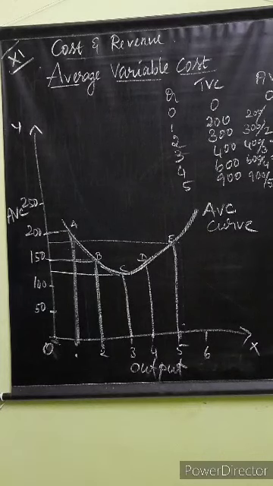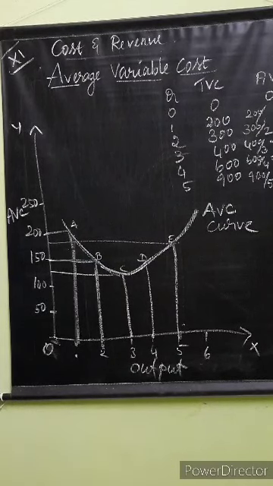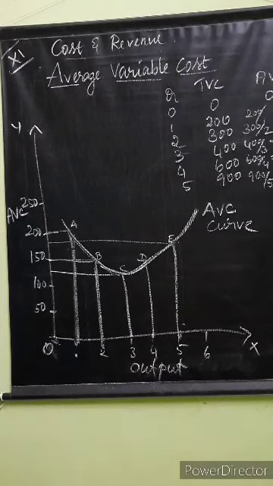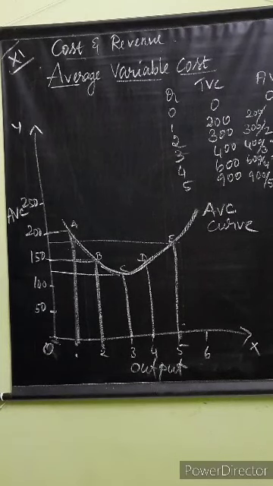Now, average cost. You have drawn the average fixed cost and average variable cost.